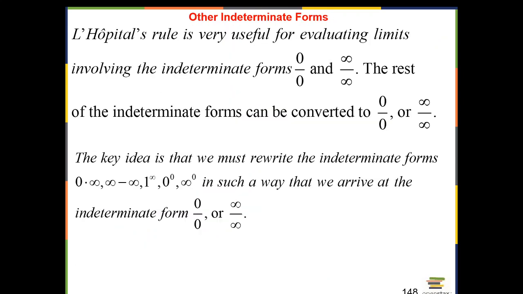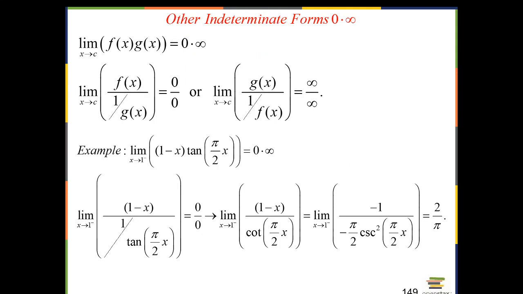All right, so L'Hopital's rule is very useful for evaluating limits involving the 0 over 0 and infinity over infinity forms. But what do we do with the rest of them? Well, the idea is to convert them to these two forms. Okay, that's the idea. So let's see. If we have 0 times infinity, right?